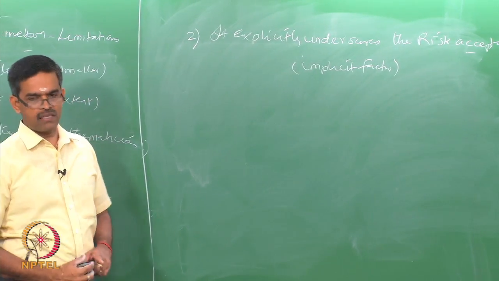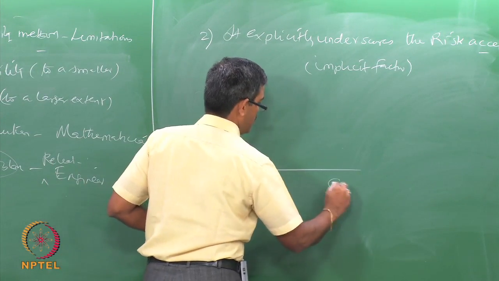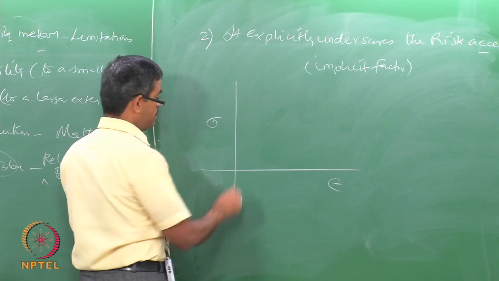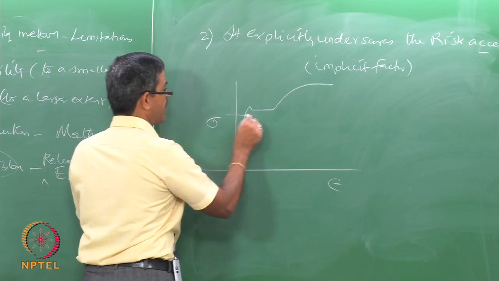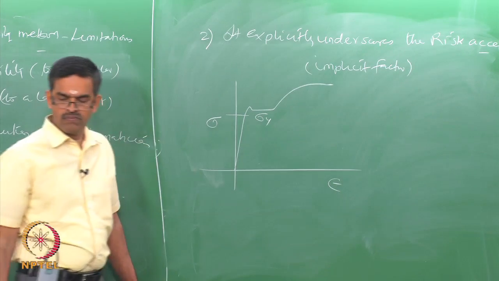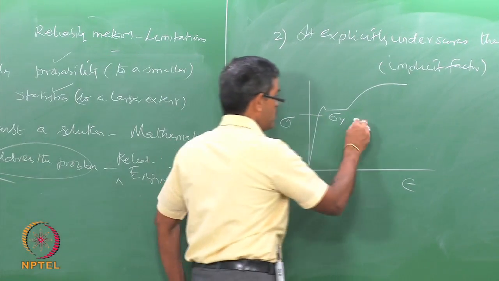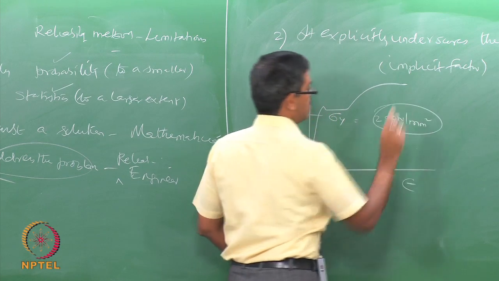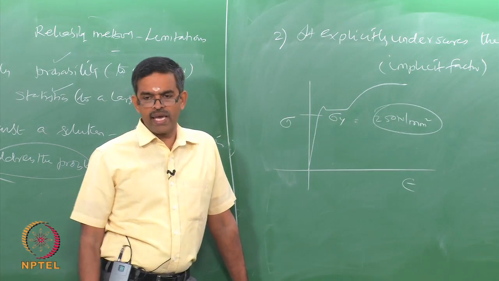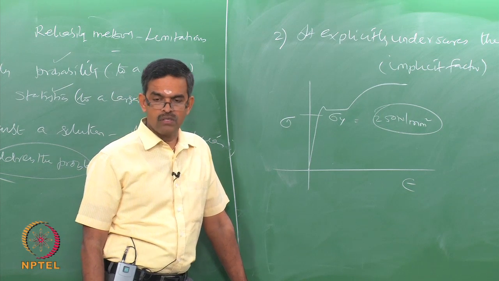Any material strength, take for example mild steel, plot the stress strain curve of mild steel and try to find out the sigma y value for mild steel and fix this value as, let us say, 250 Newton per mm square. With some certainty you say that the yield strength of the material used is 250 Newton per mm square.